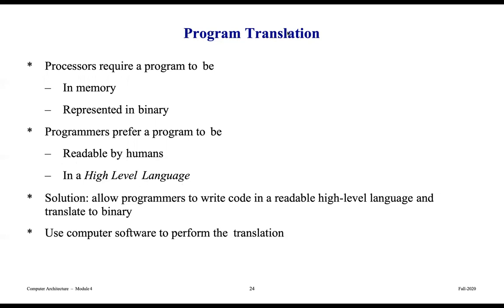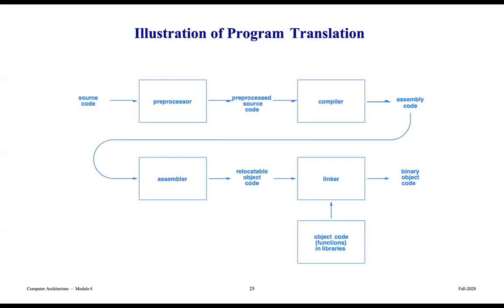But we need to translate this into what a computer thinks and operates on, which is at the low level, the way a processor sees it, and that's binary. So the solution is to allow programmers to write code in a readable high-level language and translate it to binary. So you have a compiler. We use computer software to perform this translation.